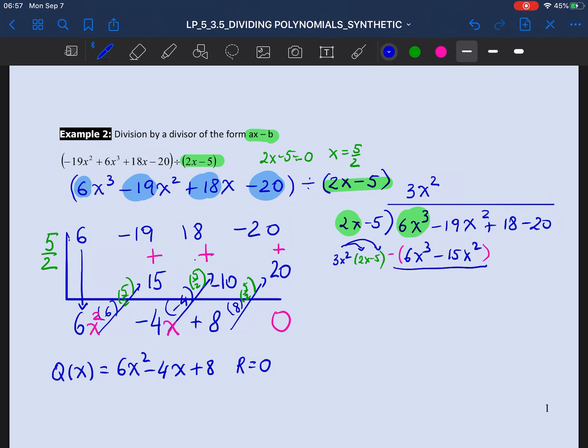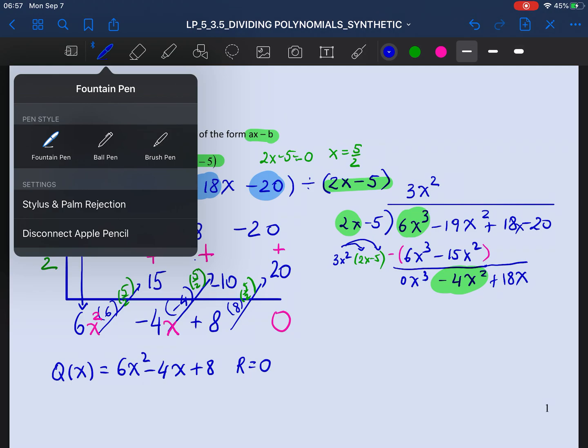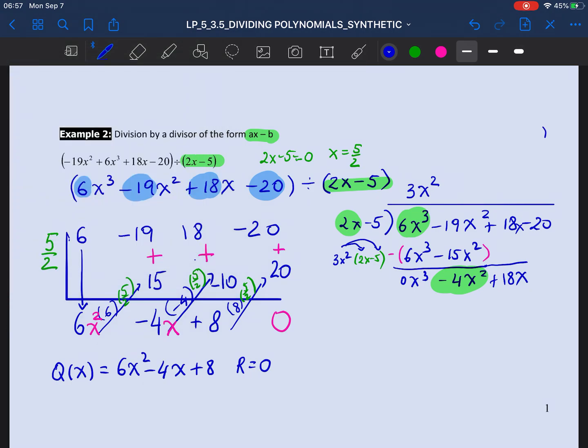Subtract, and we get 0x cubed, and then negative 4x squared. So we're going to bring 18x down, so plus 18x. And next thing, we're going to check and see how many times 2x goes into negative 4x squared.